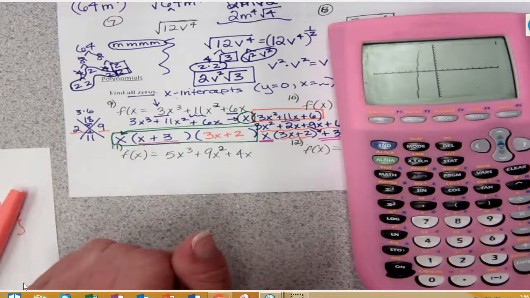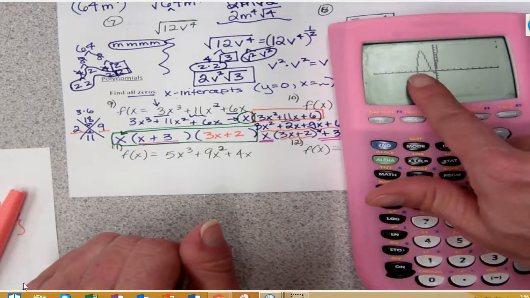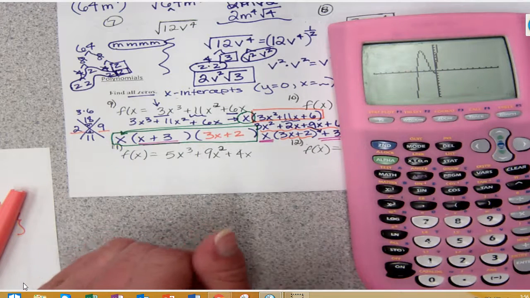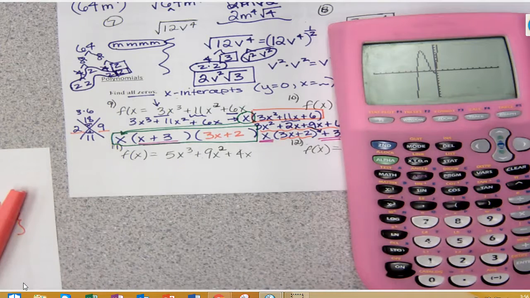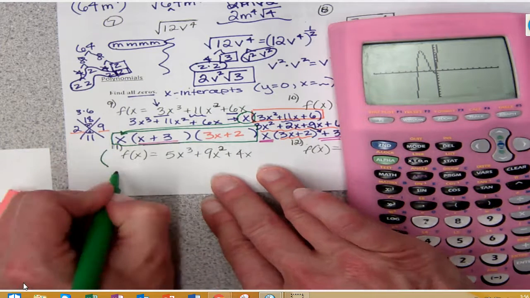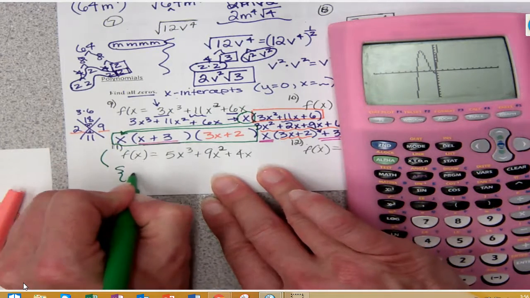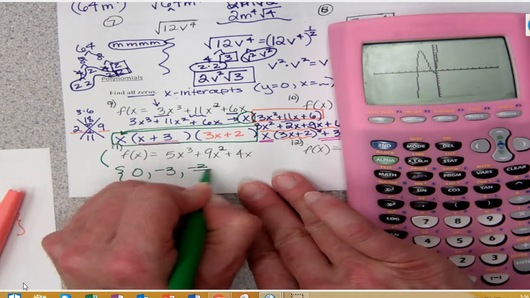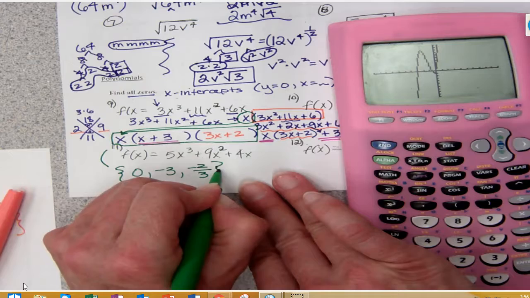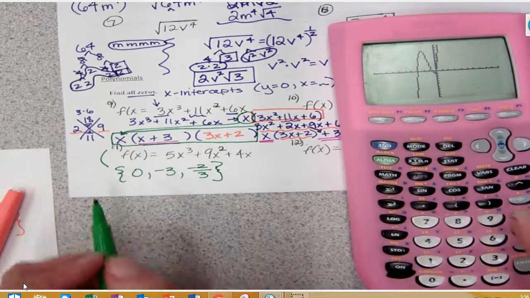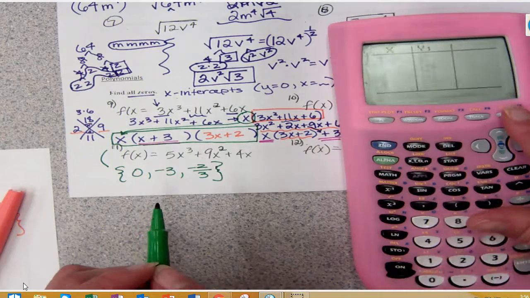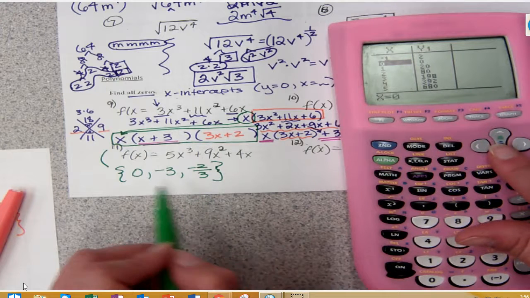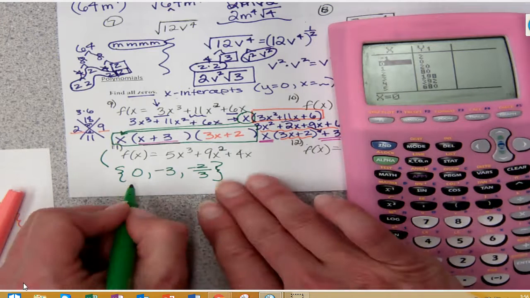Okay, and graph that. And that's what it looks like. And you see it's going to have 3 points where it crosses the x-axis, because we have 3 answers, right? Our 3 answers were x equals 0, x equals -3, and -2/3. Those were our 3 answers, and let's see. So let's go to our table, and we're going to look for where y equals 0, and sure enough, y equals 0 at 0, 0.